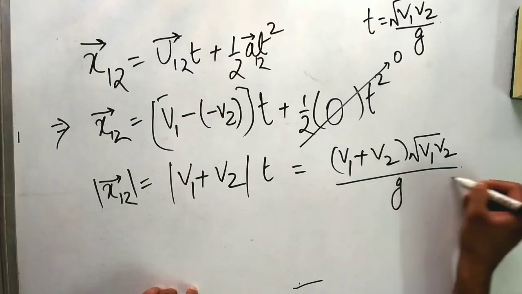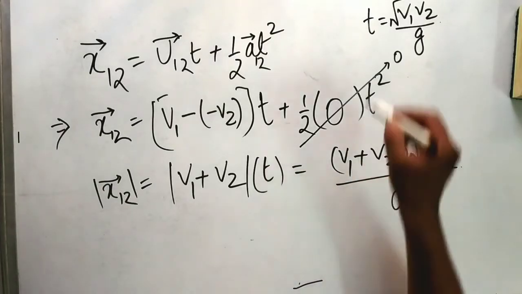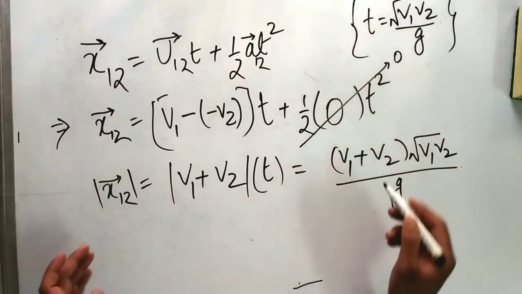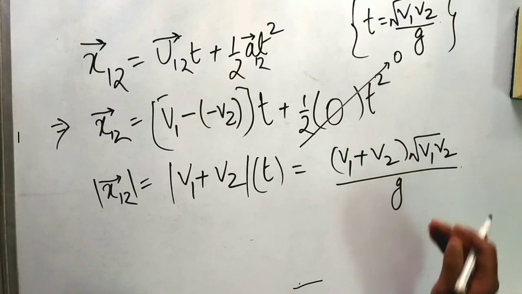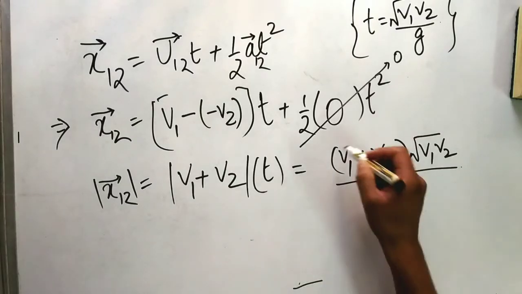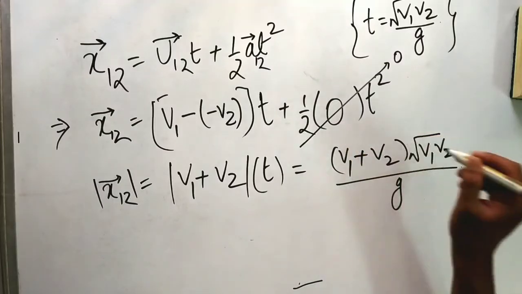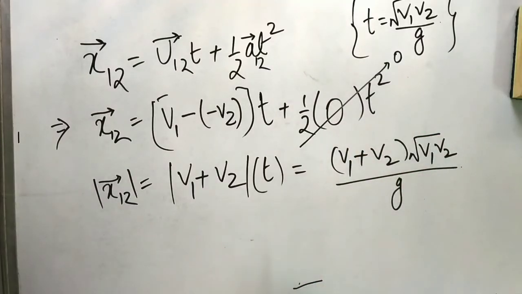Where is this factor coming from? This is the factor t we calculated. From here we put it here. So the distance between these two objects is going to be v1 plus v2 times root over v1 v2 divided by g. That's all. Put the values of v1 and v2 and g here, and you'll get the answer.